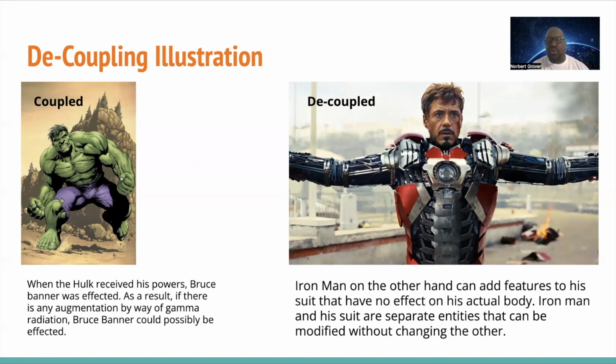Iron Man and his suit are separate entities that can be modified and changed without changing the other. And the same thing goes for objects. In this case, the networking service in your view model. What you want to do is to be able to implement your networking service, but you don't want it tied to the object, right? In our last examples, that's what we did.